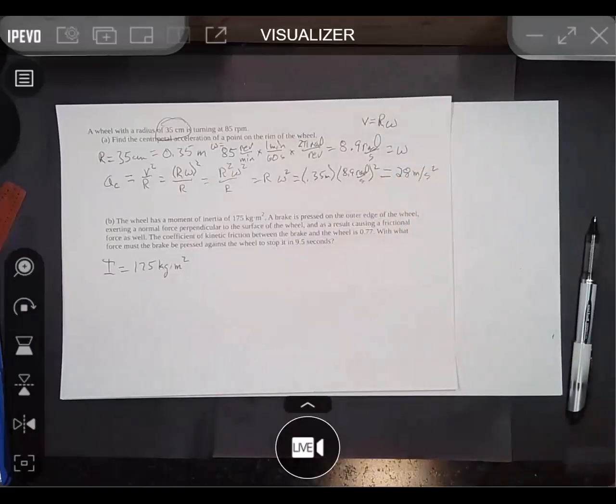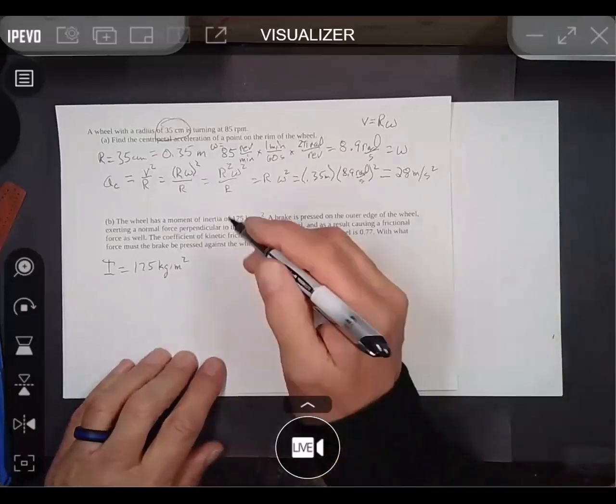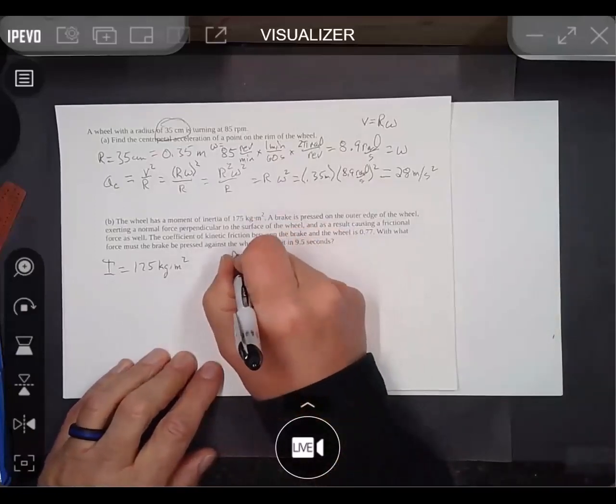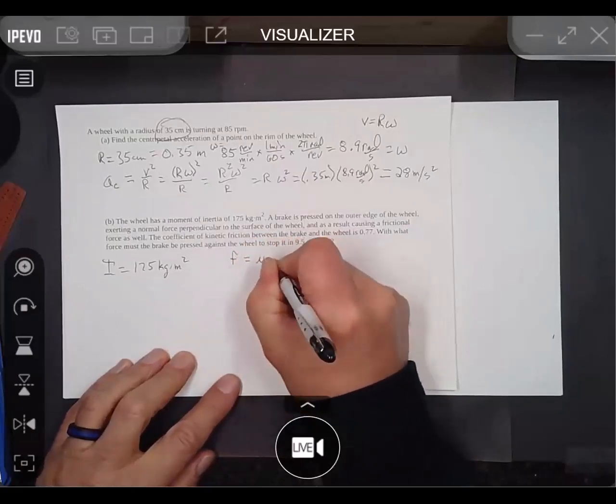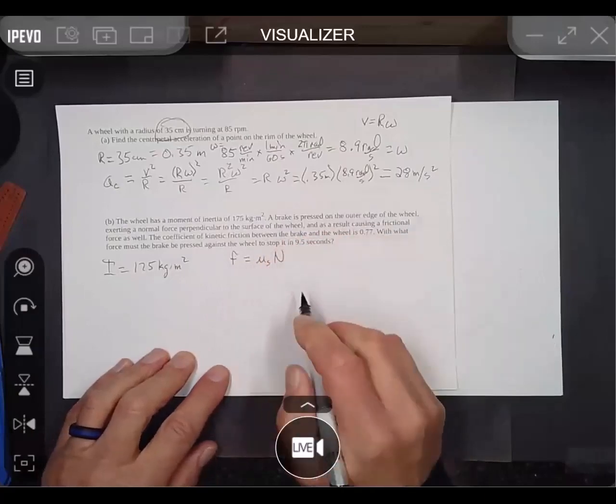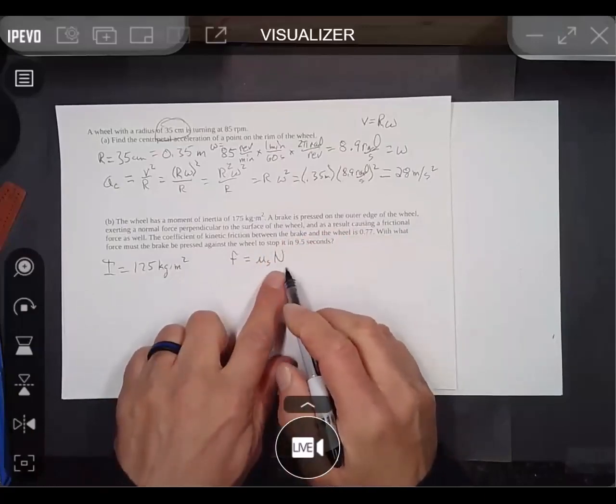So this pulls in a bunch of stuff from earlier in the quarter. One thing is that a frictional force is equal to mu sub s times the normal force. This is what we're trying to find.